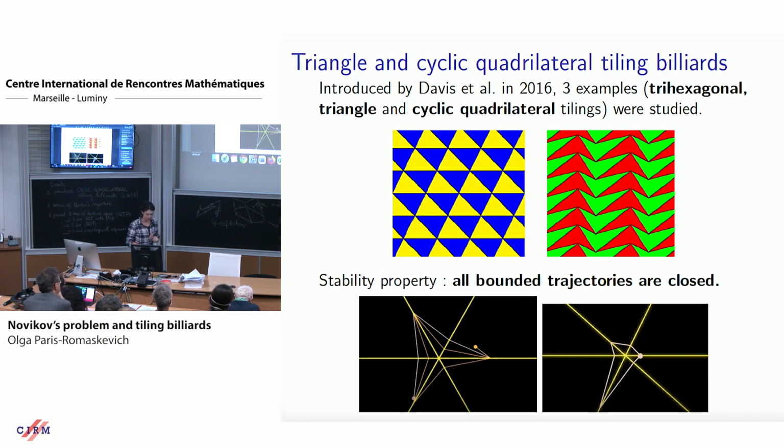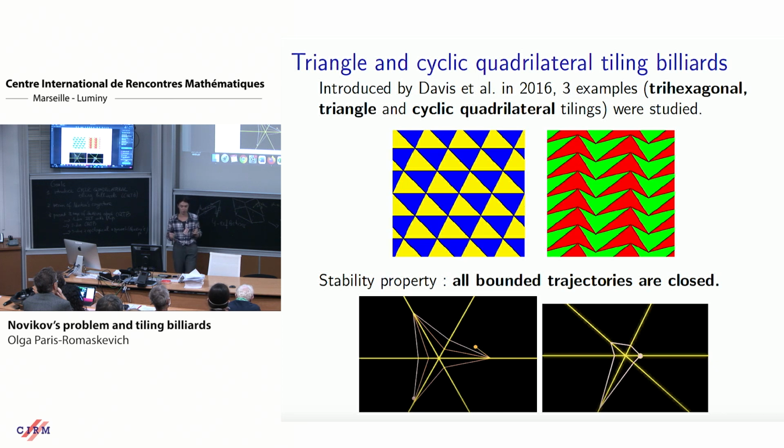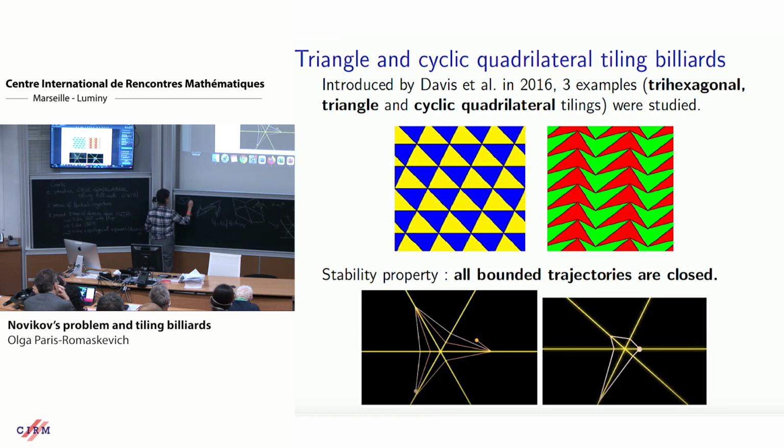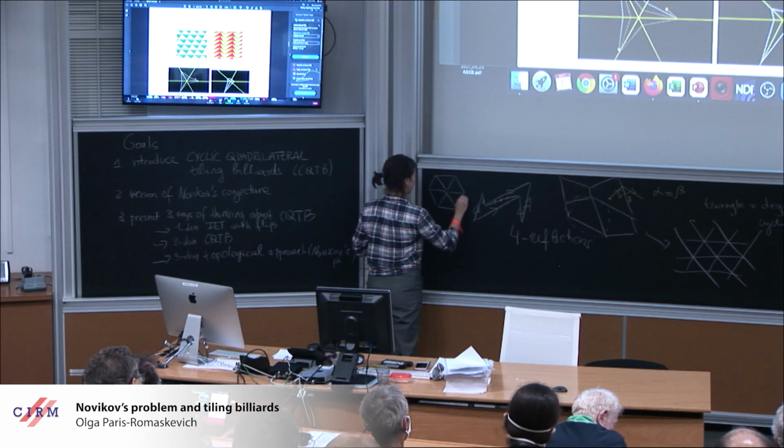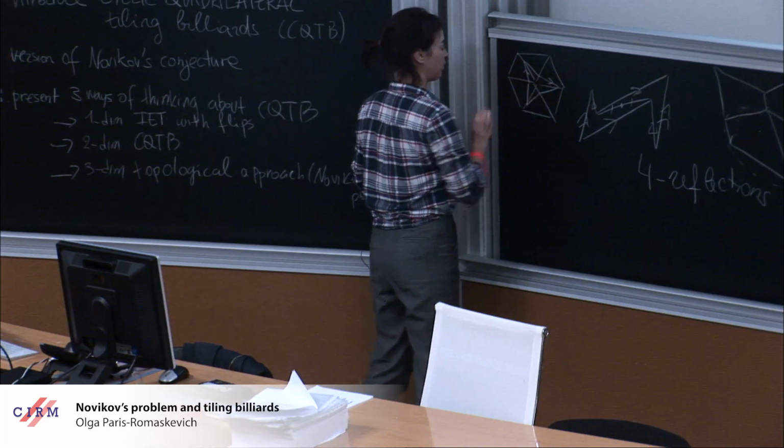What happens, as I said at the beginning of the talk, is that all bounded trajectories of such a system are closed. Lots of periodic trajectories, not as usual. So the system is very integrable, one wants to say. Of course, for equilateral triangle, everything is symmetric, so the trajectory will close after 6 iterations.